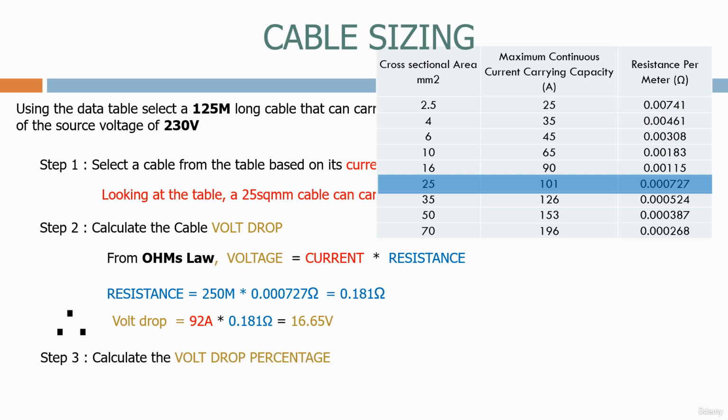Step 3 is to calculate the volt drop percentage. Percentage equals 16.65 volts from the equation above, divided by 230 volts, which is the source voltage, equals 7%.